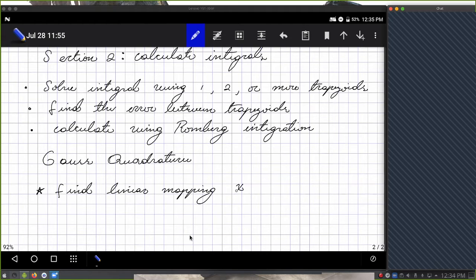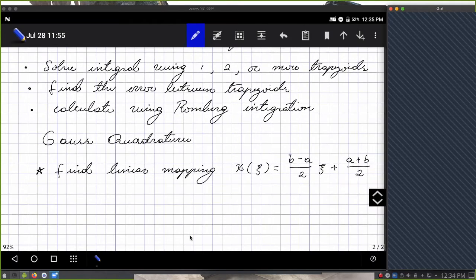If I remember correctly, it is something like (b minus a) divided by 2, multiplied by psi, plus (a plus b) divided by 2. That will be the linear mapping, where a and b are your limits of integration and psi is the mapping variable.